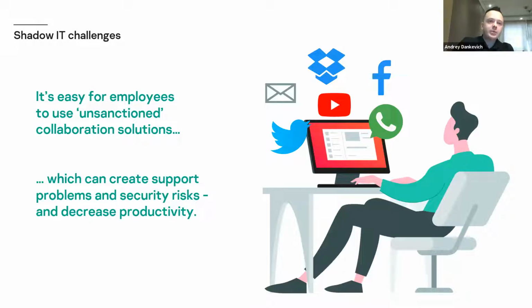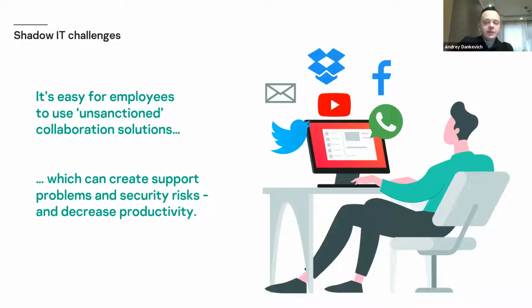Besides the EPP capabilities, I want to share something special that we have included in Kaspersky Endpoint Security Cloud. You may be familiar with the shadow IT concept, where your employees start using unsanctioned collaboration tools without any notification to the IT department. For them, of course, it's a good idea. They do it to quickly communicate with their customers, partners, whoever, inside the company.